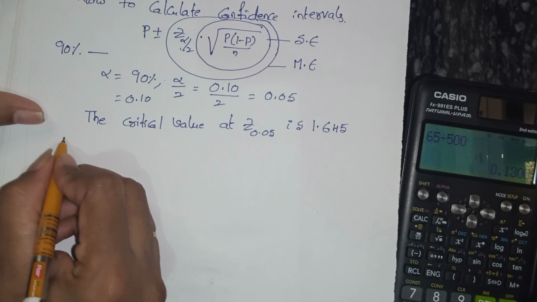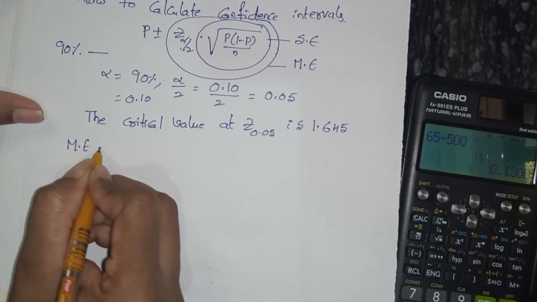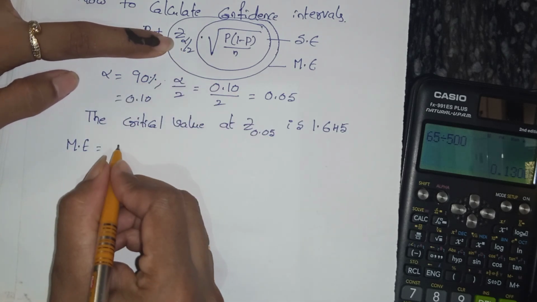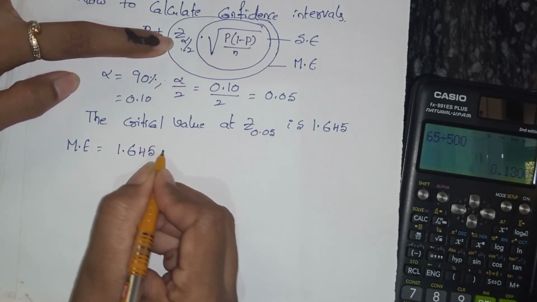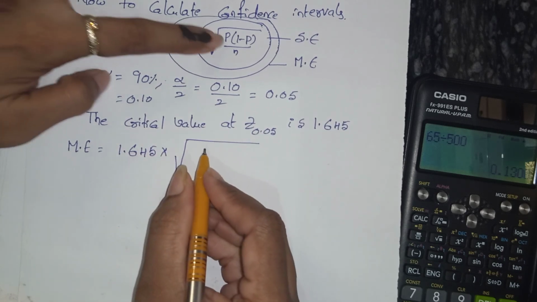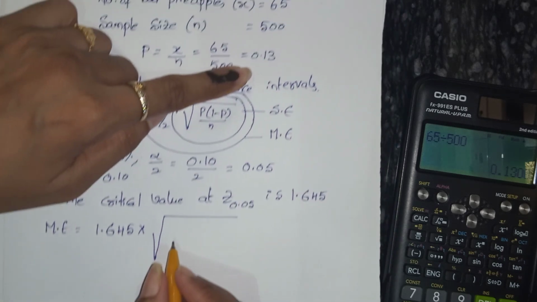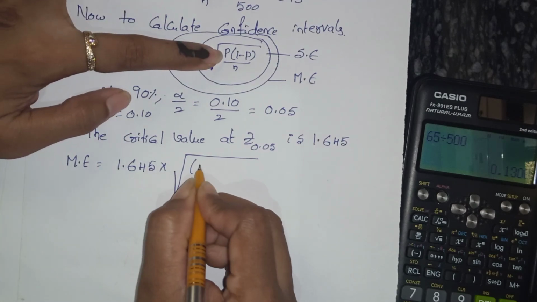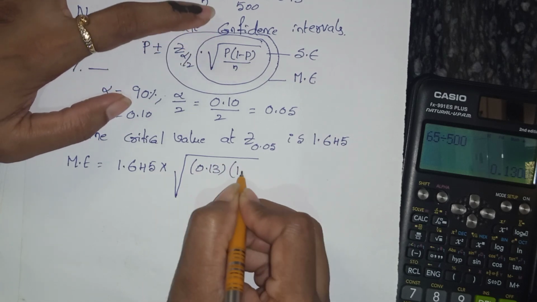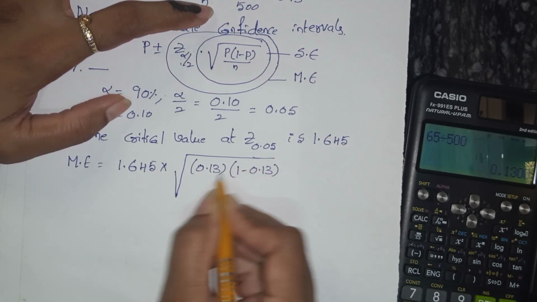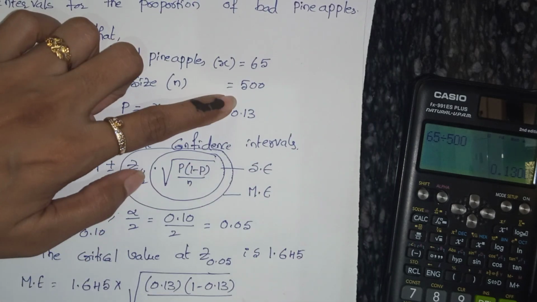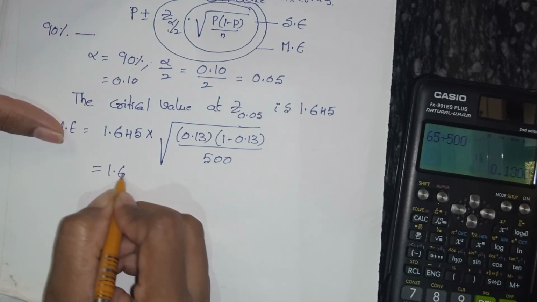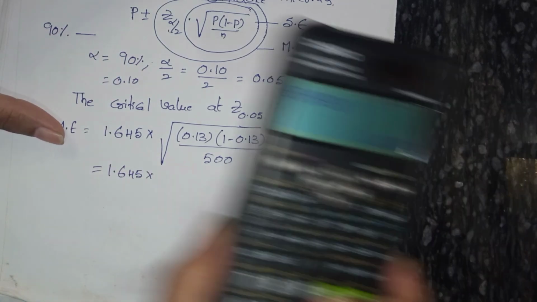ME is Z alpha by 2, which is 1.645, into square root of P into 1 minus P by N. The P value here is 0.13, so 0.13 into 1 minus 0.13, divided by the N value, which is 500.